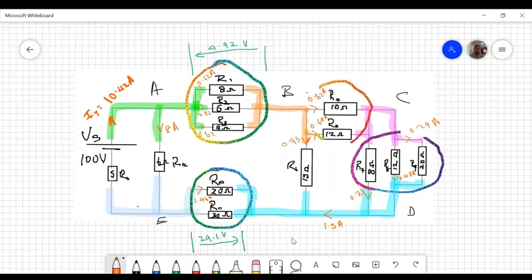I have the arrow the wrong way. The arrow is supposed to be this way because the current is going around clockwise. So that's 1.46 amps, and the current there is divided by 30, 0.97 amps.